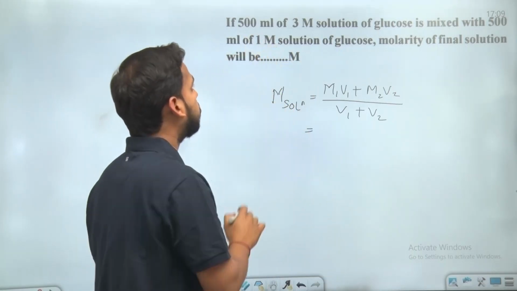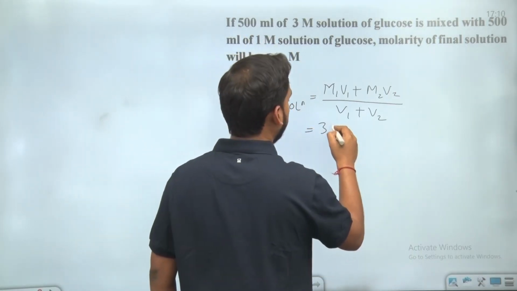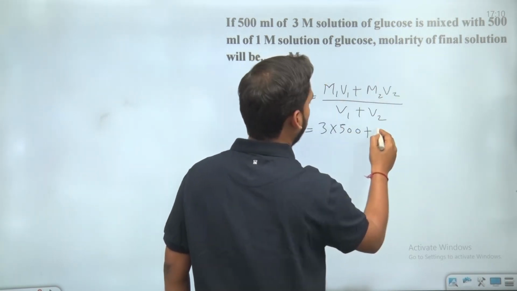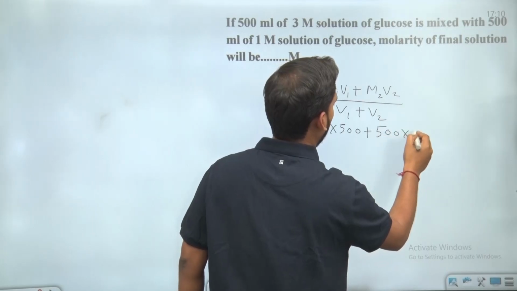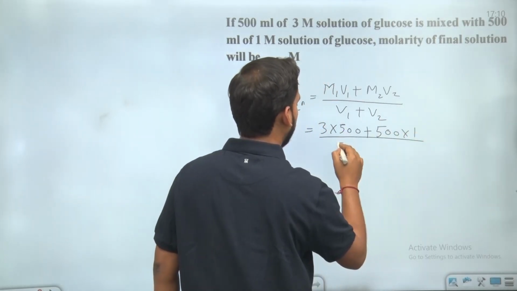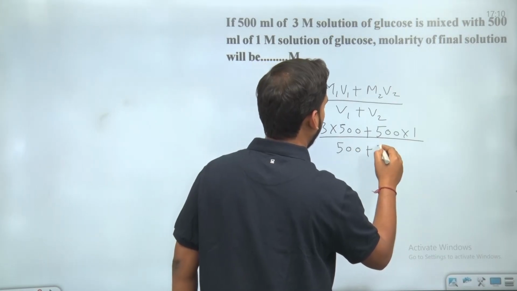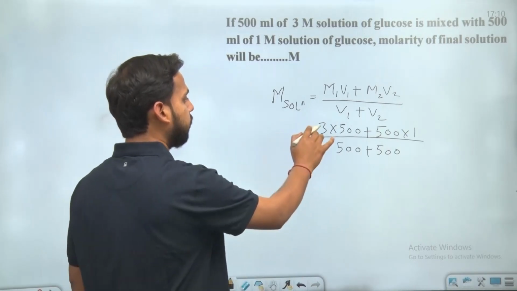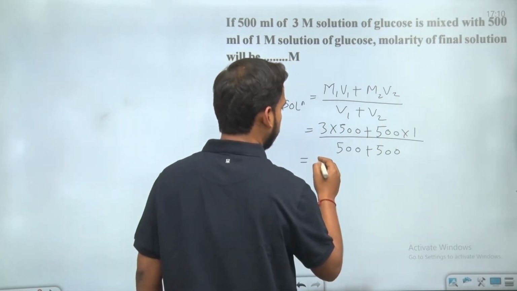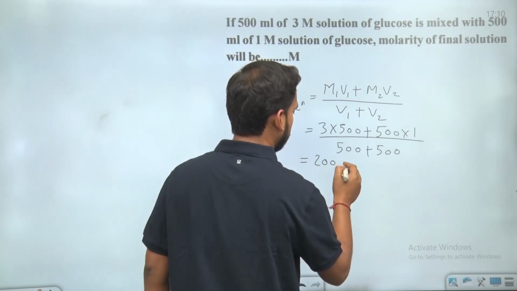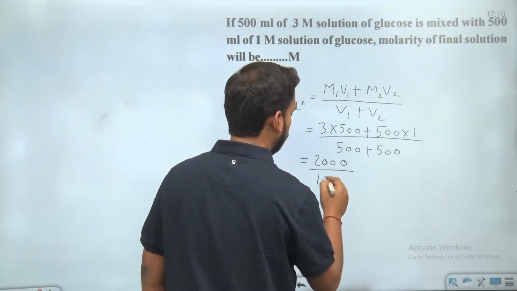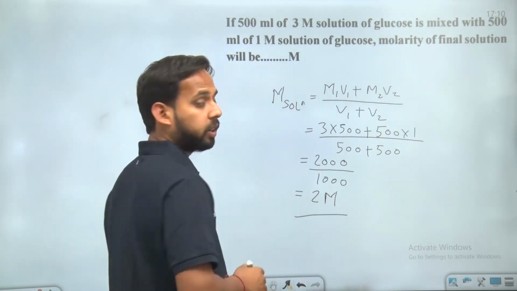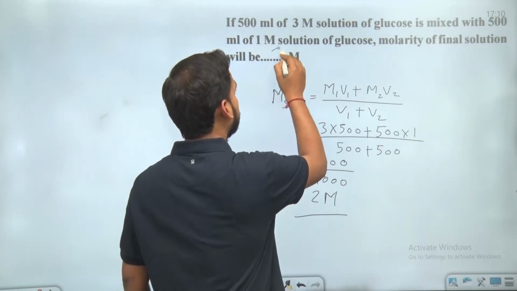So it is 3 into 500 plus 500 into 1, divided by 500 plus 500. So it is 1500 plus 500, that is 2000, divided by 1000. So it comes out to be 2 molar. So our correct answer is 2 molar.